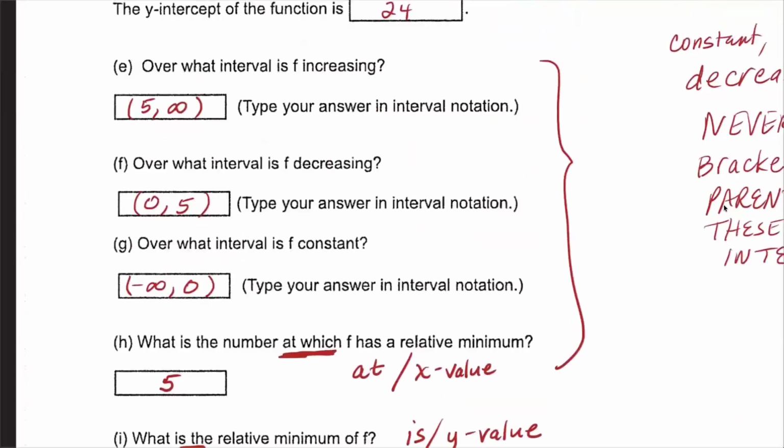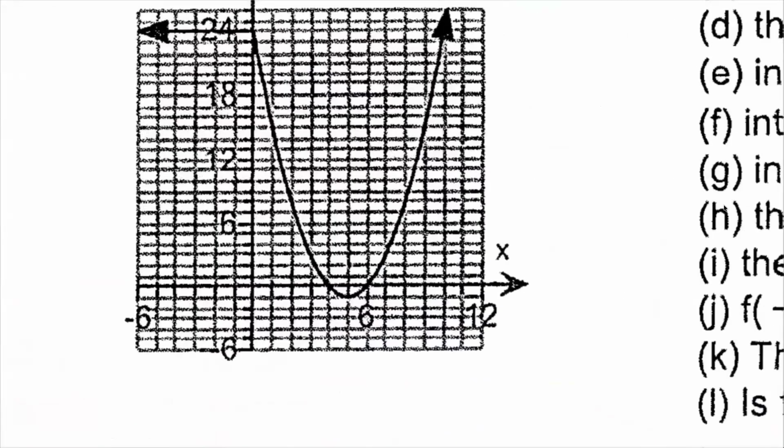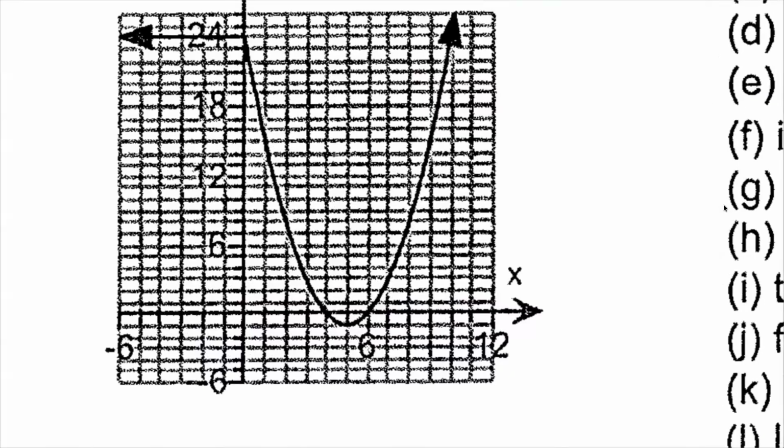Well, let's go to the graph and see. When y is 3, we're going to go up the y-axis from 0. And then we're going to find where on the graph the y values are 3. So going upward from the origin, 1, 2, 3 spaces, and then go over to the graph and figure out what x value it is right here where y equals 3. So it's going to be 1, 2, 3 right here.